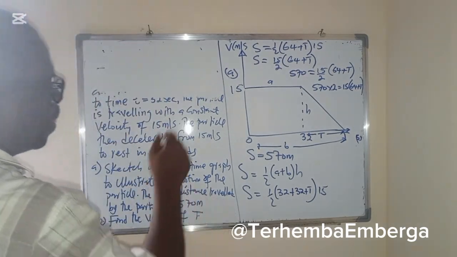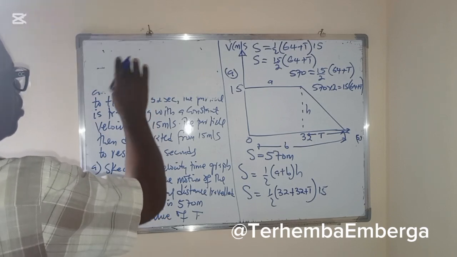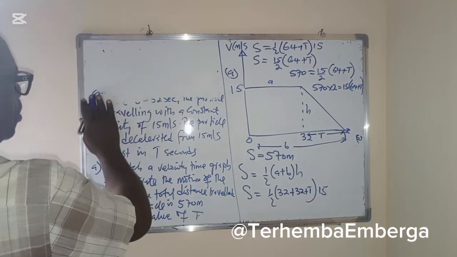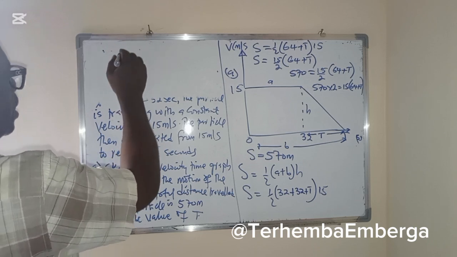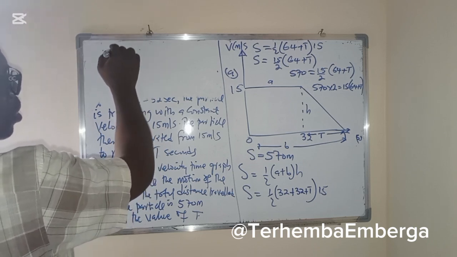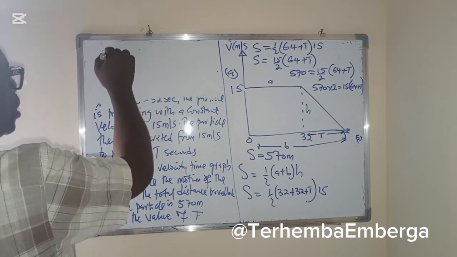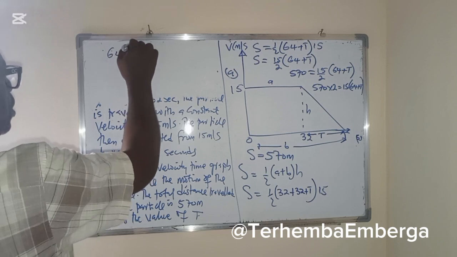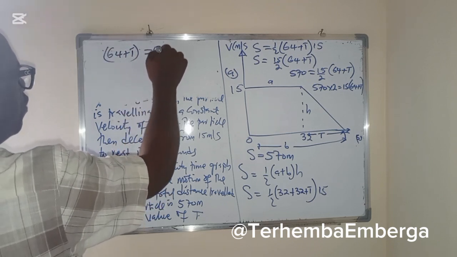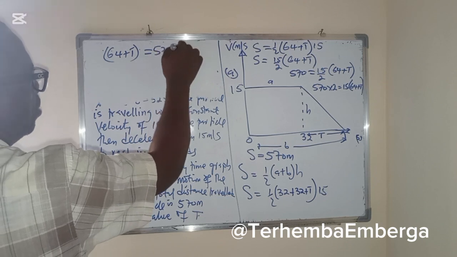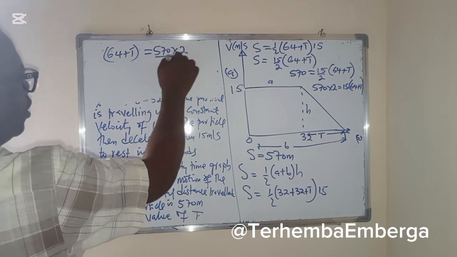We now try to make t the subject. By doing that, we can write this as 64 plus t equal to 570 times 2 divided by 15.